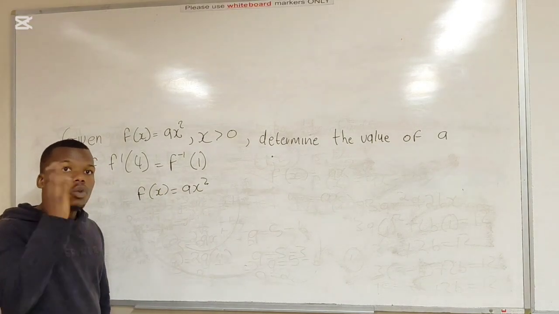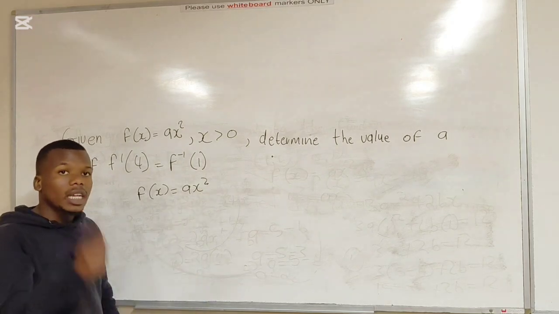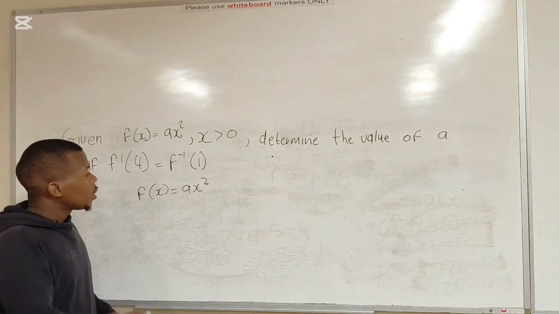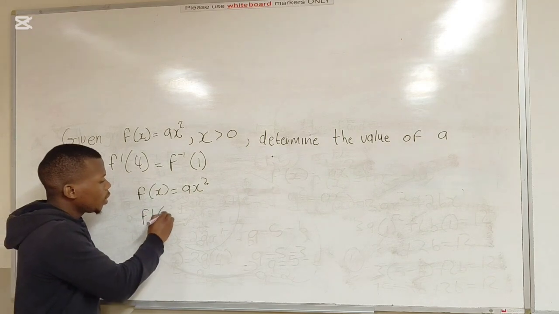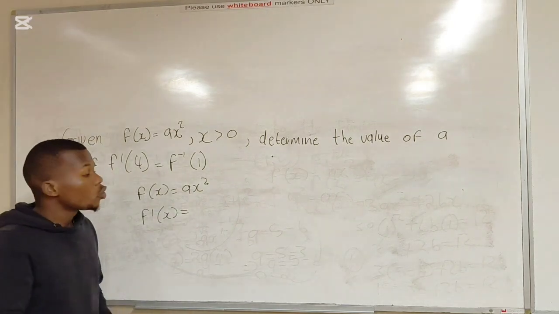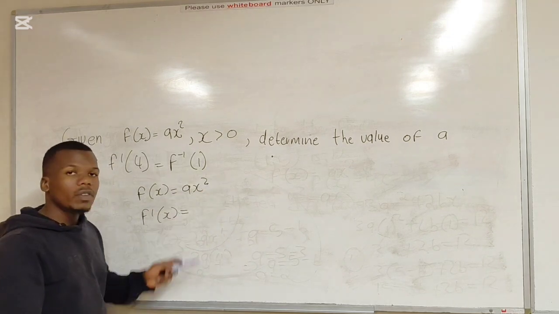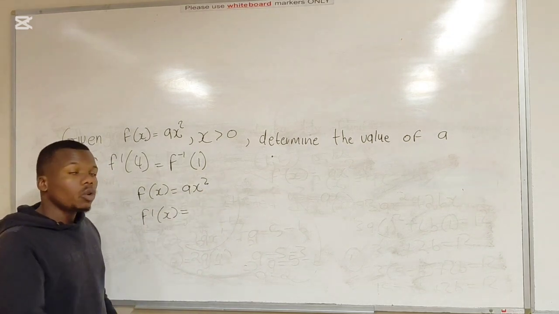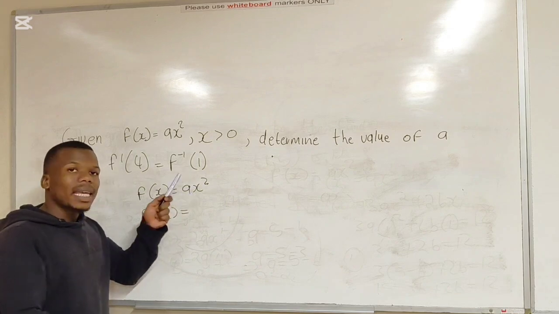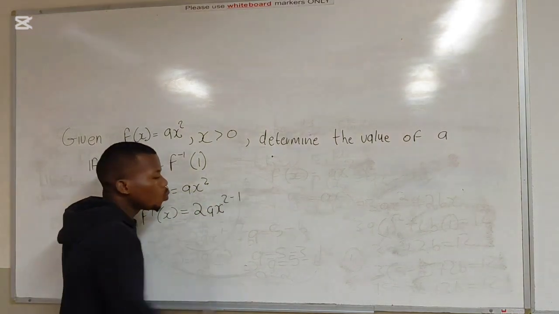When we derive, we work with one rule, which is exponent multiplied by coefficient, exponent minus 1. In other words, f prime of x is equal to 2 multiplied by a, which is 2a x to the power of 2 minus 1.